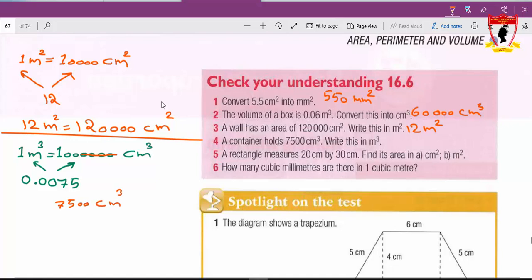On the side it's just 1. When you multiply anything by 1, we just get the same result. So it's 0.0075 meter cube. So this much centimeter cube is 0.0075 meter cube.